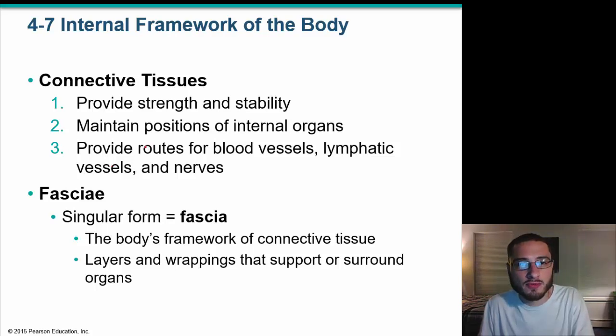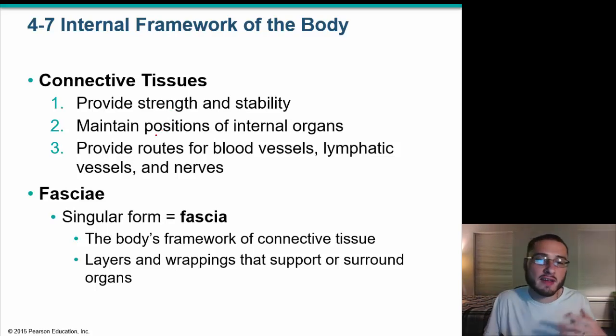All right, so keep in mind, connective tissue provides strength and stability, and maintains positions of internal organs. It's going to coat the organs, but it's also going to keep the organs in place where they're supposed to be. It provides routes for blood vessels, lymphatic vessels, and nerves. You have fascia, the body's framework of connective tissue, layers, and wrappings that support or surround organs.